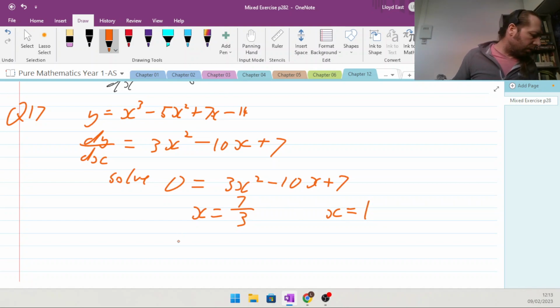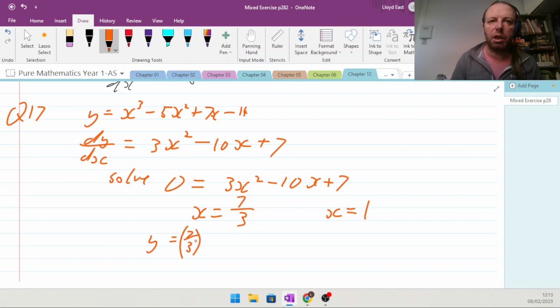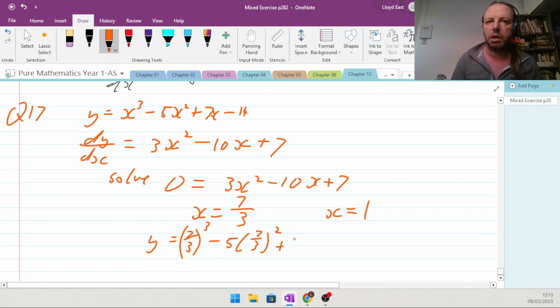And so what did they want us to do? Determine by calculating the coordinates of the stationary points of the curve. So we need the y values of that as well, since we need to do coordinates. So y equals 7 over 3 cubed, putting it back into the original equation, minus 5 times 7 over 3 squared, plus 7 times 7 over 3, minus 14.